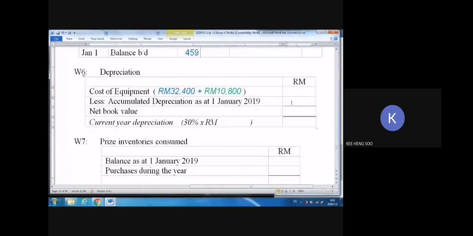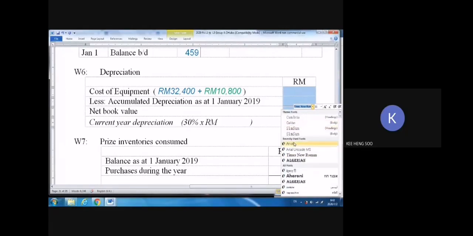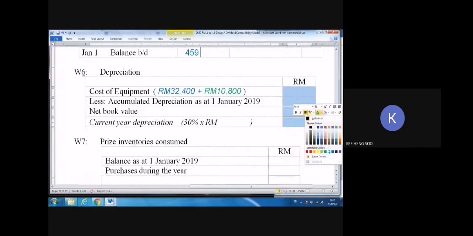So accumulated depreciation is given in the question here, 12,600. And now your equipment 32,400 becomes 43,200.